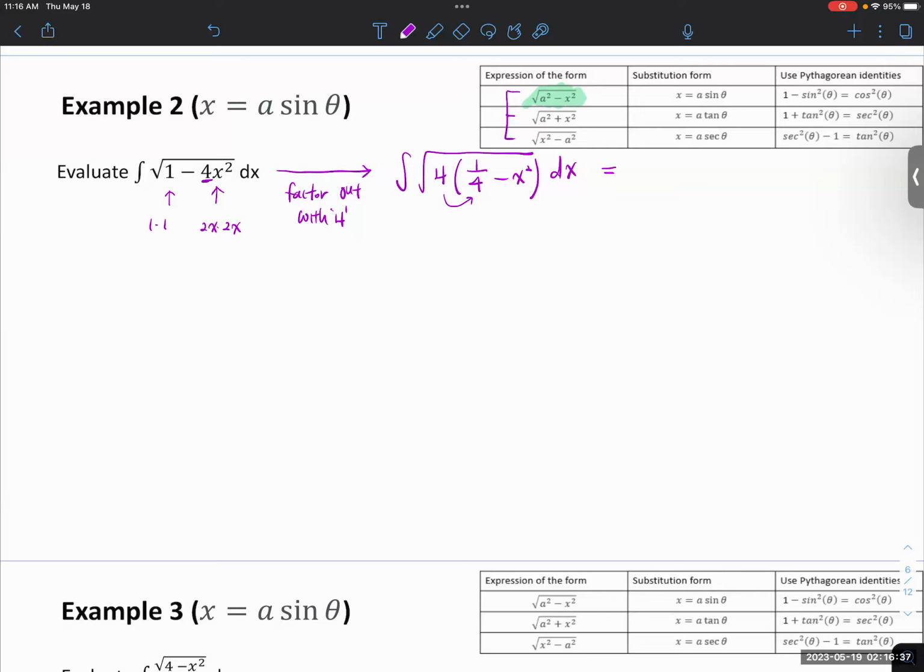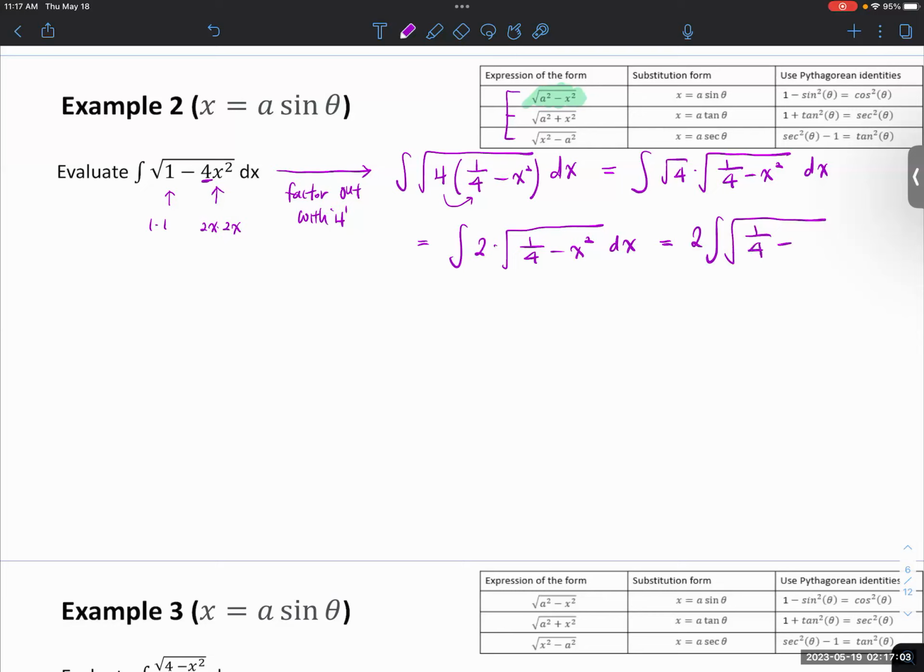So now, beautifully, radical 4 is separated, and then you have radical of 1 over 4 minus x squared dx. Radical 4 is going to be 2. I can bring 2 to the front. And finally, I have 1 over 4 minus x squared inside of the radical.